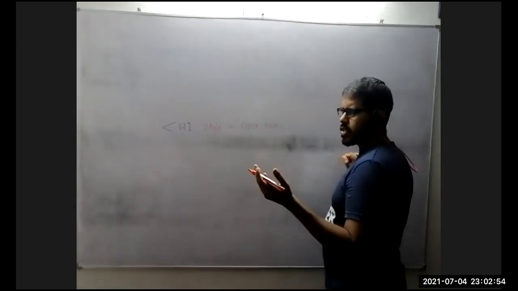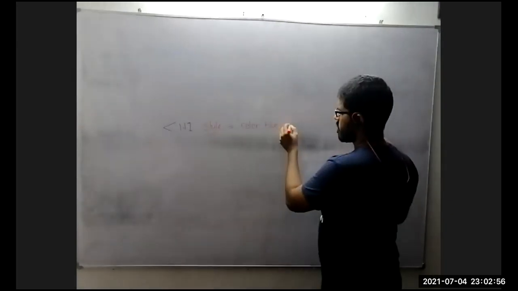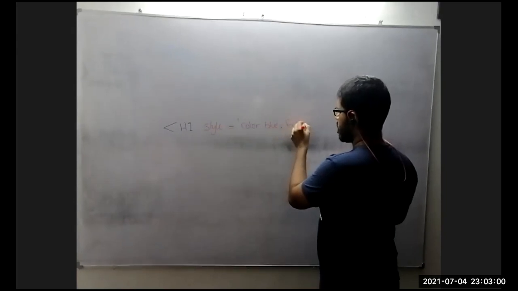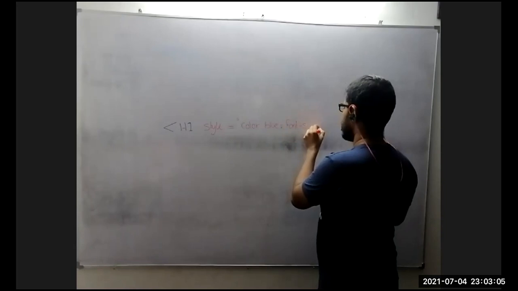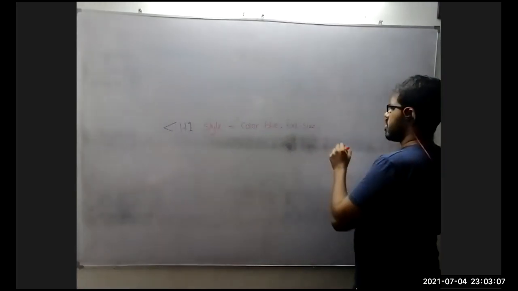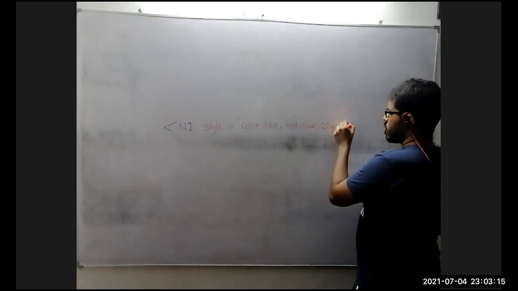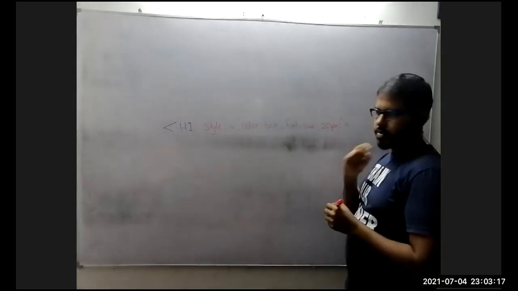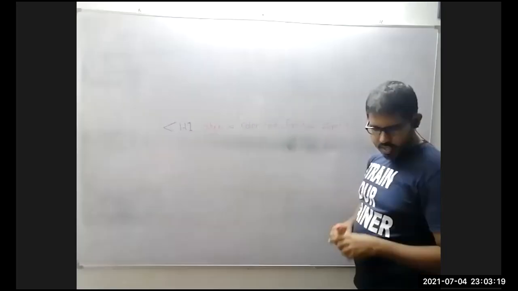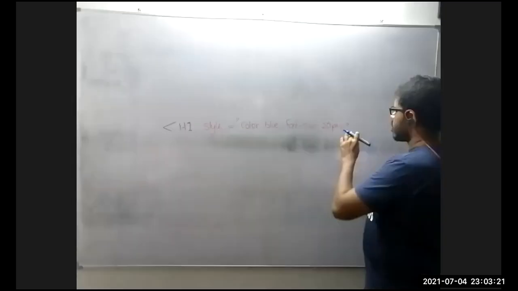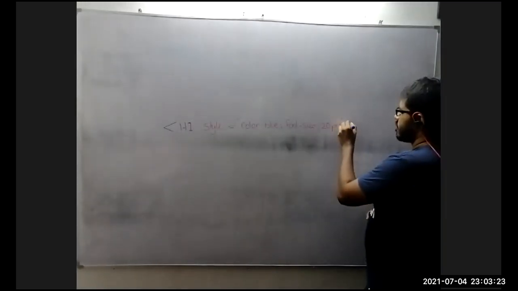What was the other thing we were doing? Font size, colon, let's say 20 pixels, semicolon, and you close the inverted comma. Okay, you close the inverted comma and then you close your tag.